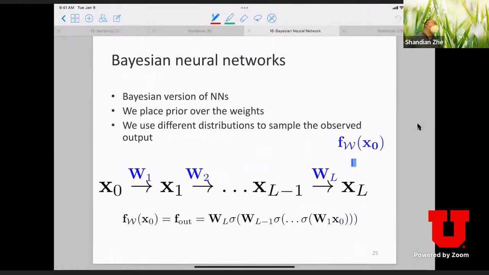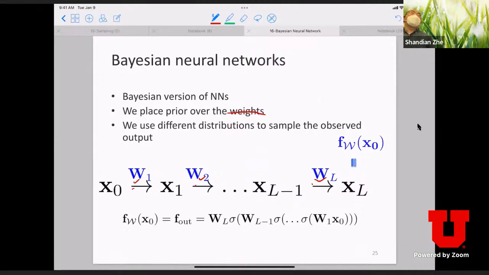Now comes to the main topic, Bayesian neural network. So how can we plug probabilistic modeling into the neural network? It's pretty straightforward. Instead of viewing each weight matrix or element as some constant, in the Bayesian neural network we usually assign some prior distribution over the weights on those edges. And that's it.